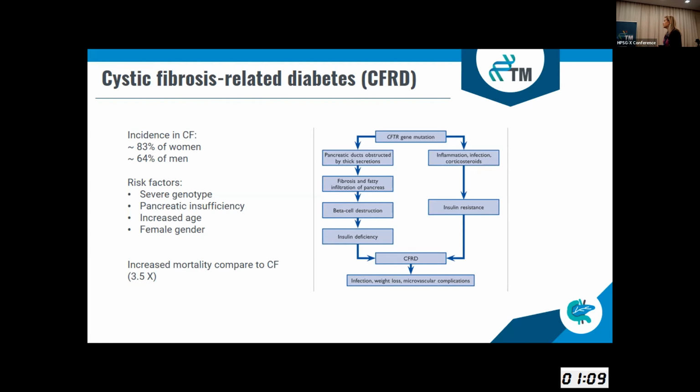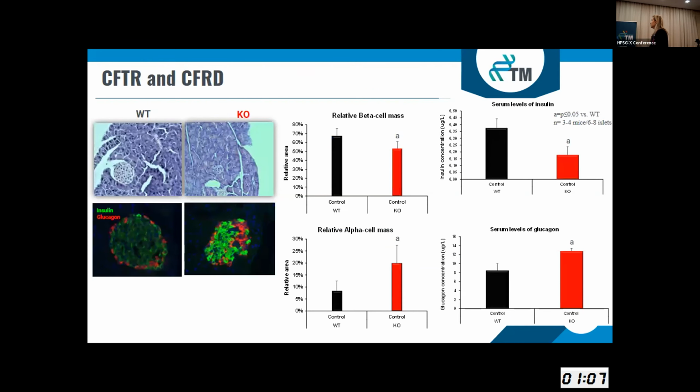Therefore, we did some preliminary experiments regarding the role and expression of CFTR in the beta cells. On this representative picture, the islets can be seen from wild-type mice and from CFTR knockout mice.